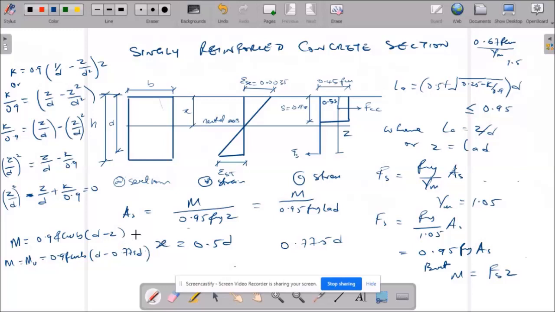Remember, we have Z outside, we omitted this, so we have to multiply again by 0.775D, and this will be equal to 0.156 FCU BD square.